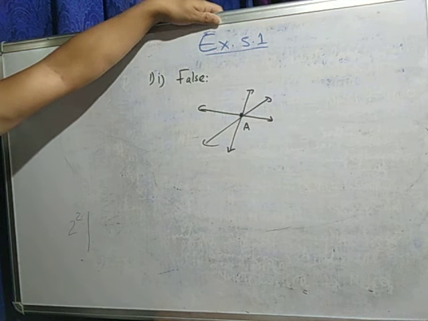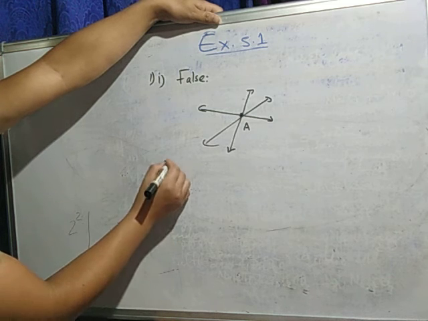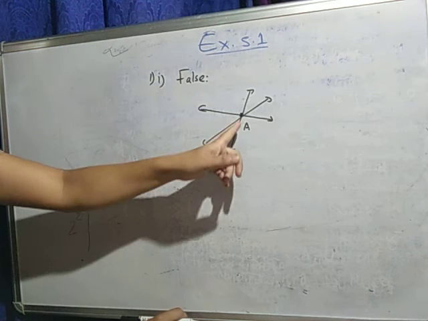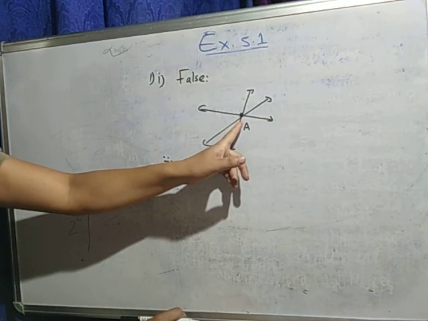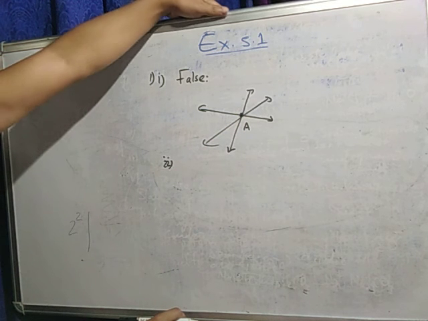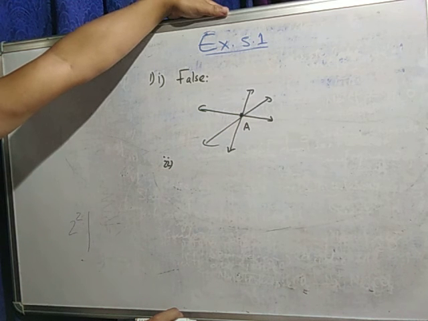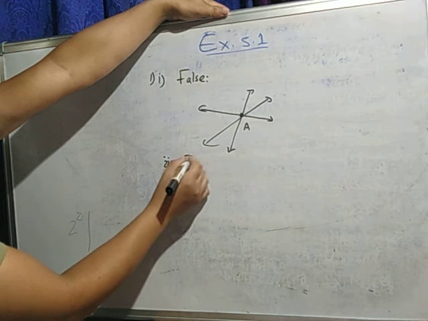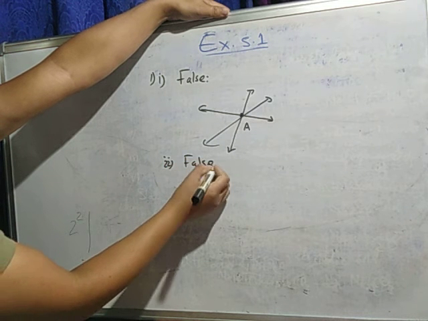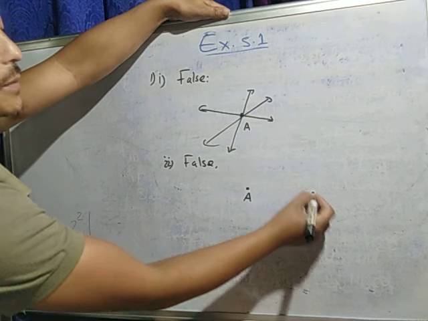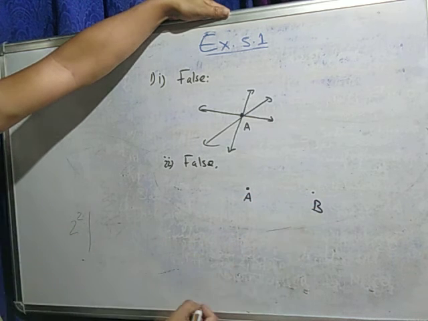This is your explanation. You have to write, we know that through a single point, many lines pass. Second, there are infinite number of lines which pass through two distinct points. This is also false. Why? Let us say A and B are two distinct points.